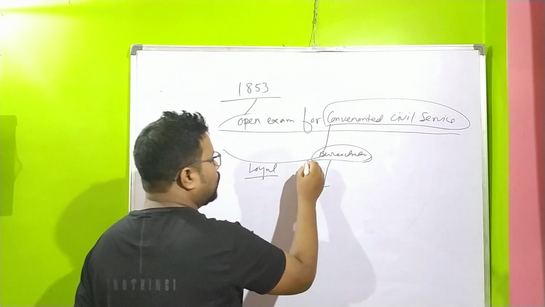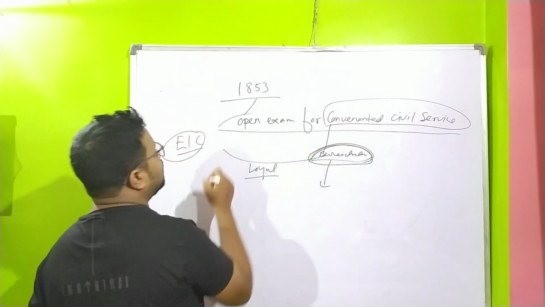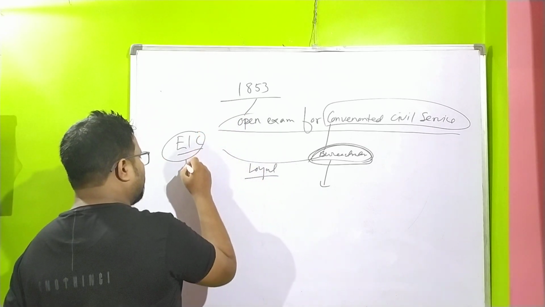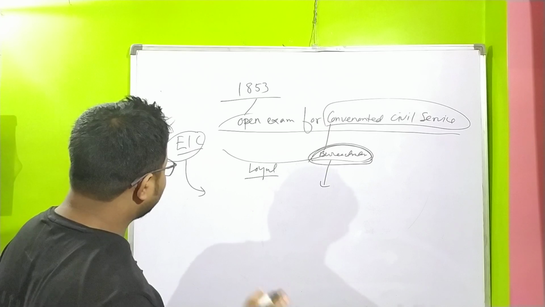But after the open examination for covenanted civil services, bureaucrats were not remaining as loyal to the East India Company as earlier. That's why the East India Company had lost almost all the powers in India.